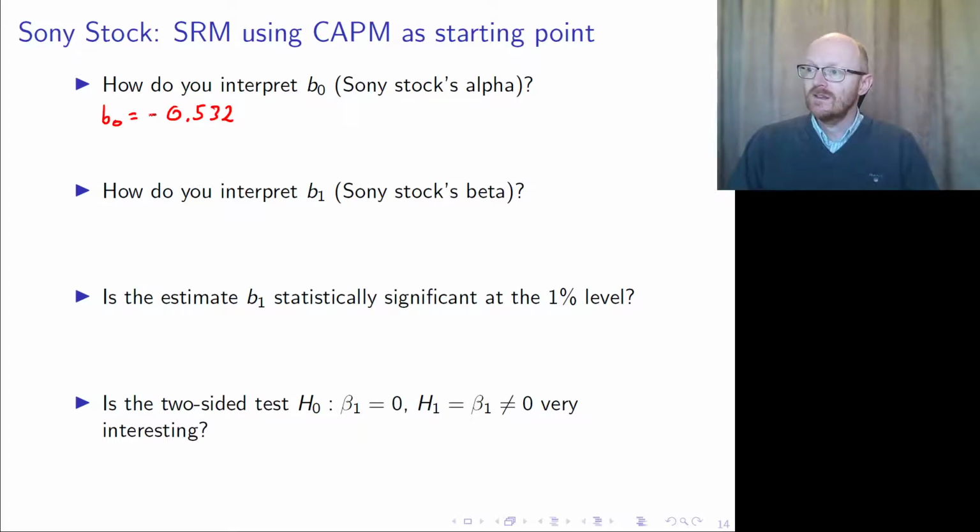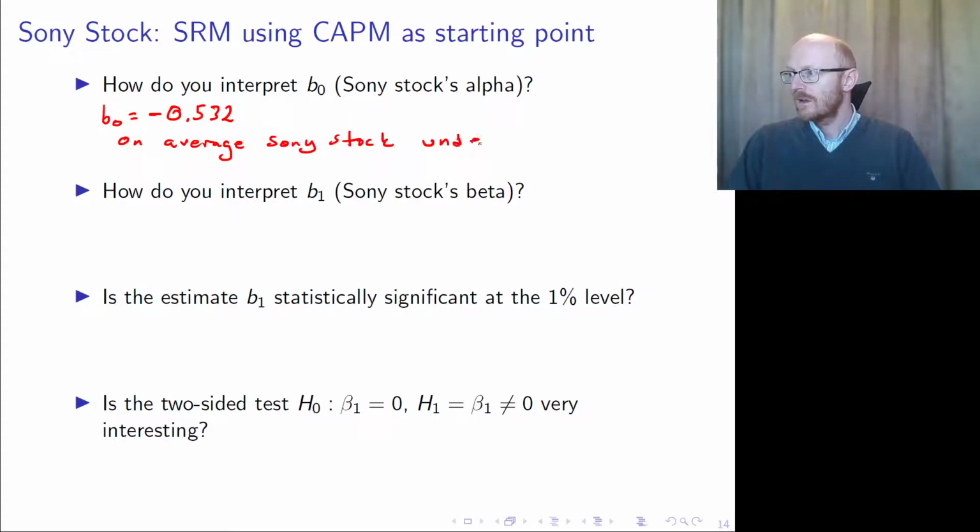And what this represents is that on average, Sony stock underperforms the market by 0.532 percentage points.